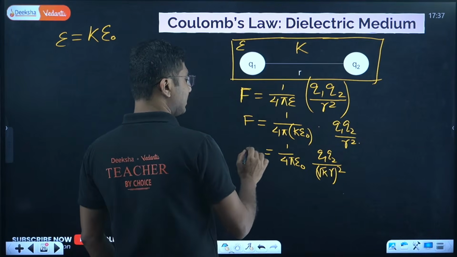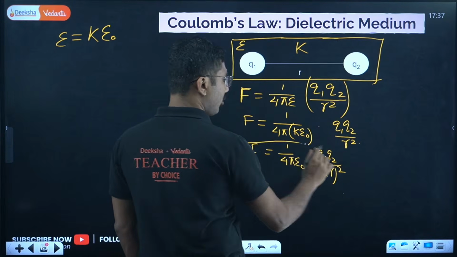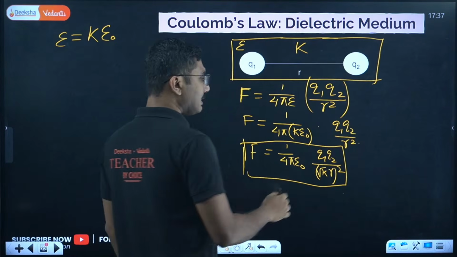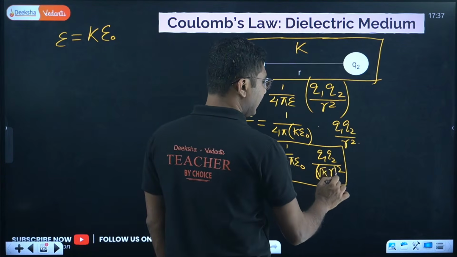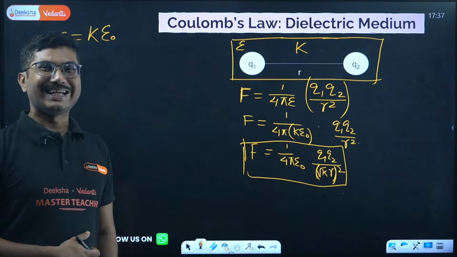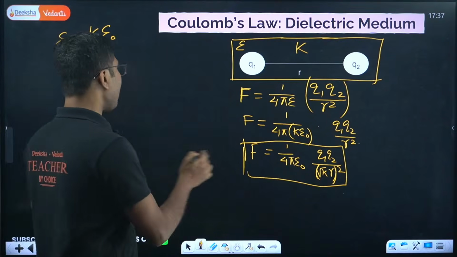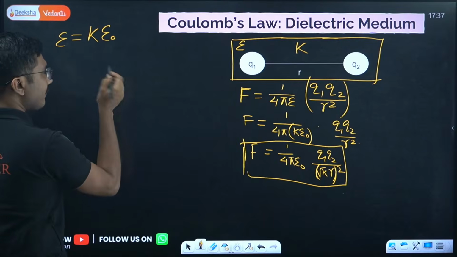Now this form looks very similar to our Coulomb's law. The only thing is that the distance here appears to be increased. This is called the free space equivalent length.